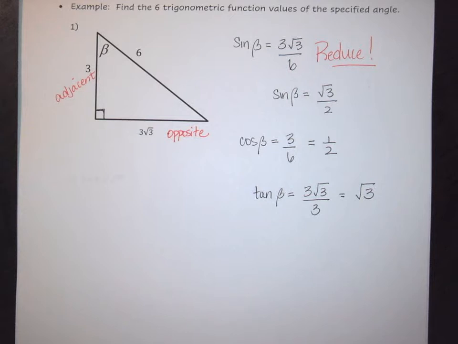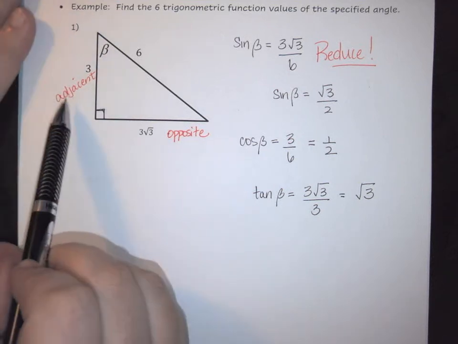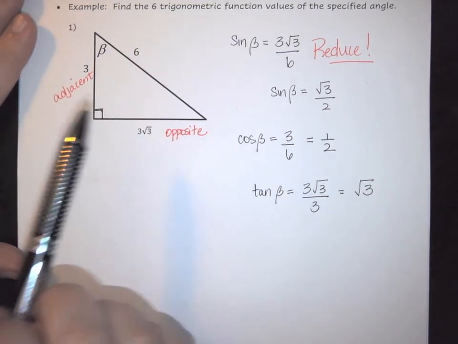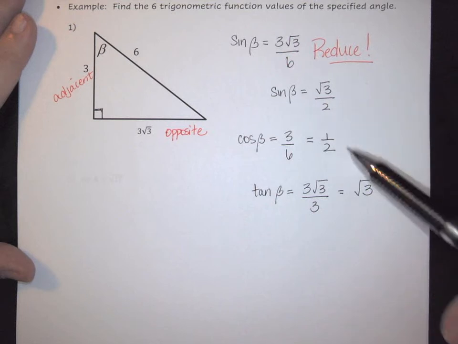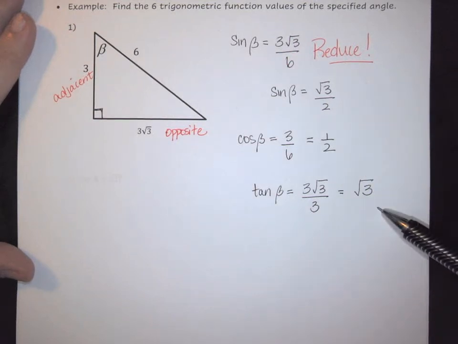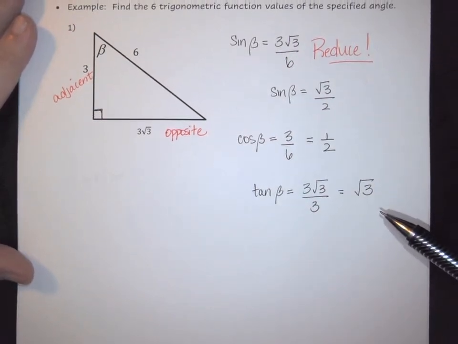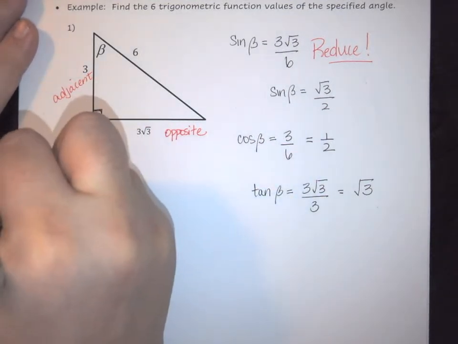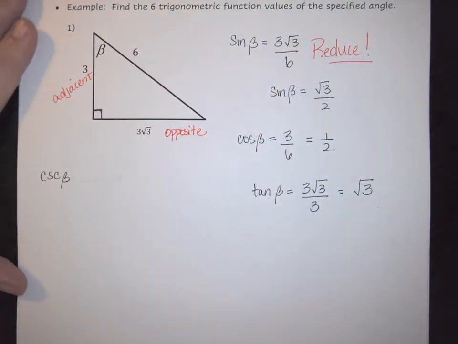Now, after you find these major 3, there are 2 things that we could do. One, you could continue to use the triangle to find the others, or you can use the idea of the reciprocal. Either one works. It's going to get you the same result. So let's go ahead and look at the cosecant of beta.